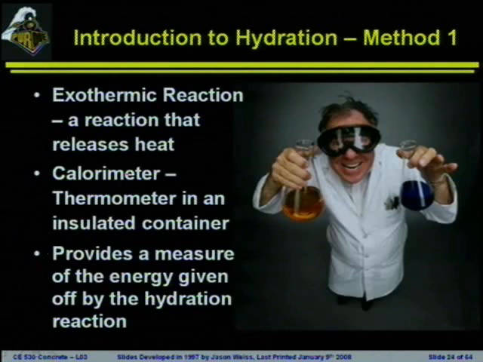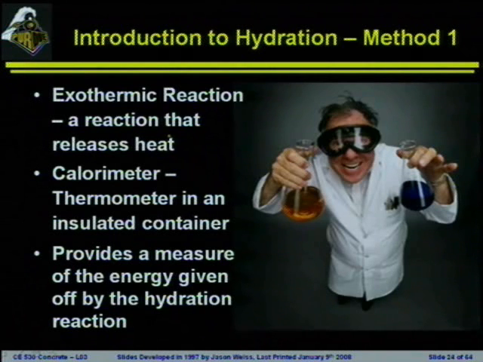The first one: cement, when it reacts, undergoes an exothermic reaction. This is a reaction that is going to release heat. It's going to give off heat. So if you were to take a bunch of cement, mix it up with water, and stick your hand on that, you will notice that over time, that concrete is going to start to get hotter.